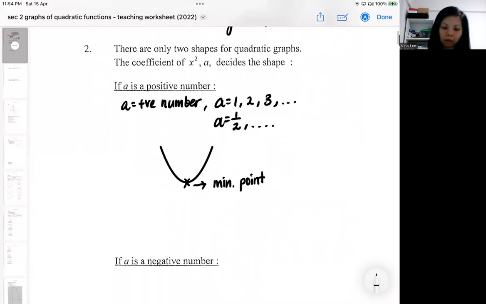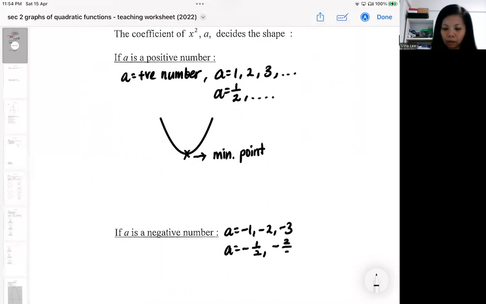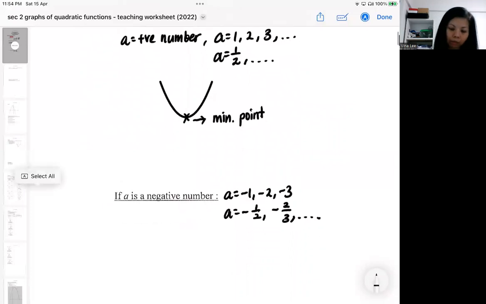If a is a negative number, for example a can be -1, -2, -3, or it can be a fraction, it doesn't matter. Then it will be a sad face graph, which is a maximum graph with a maximum point.